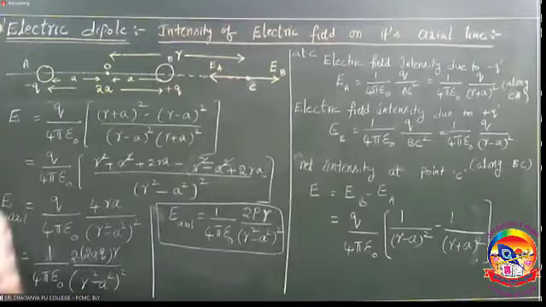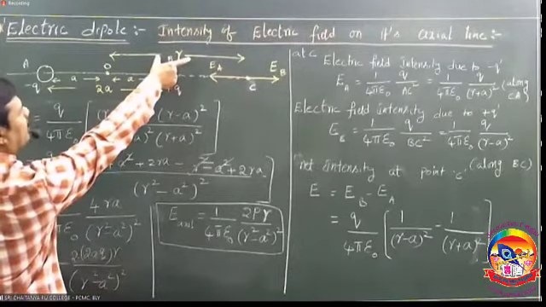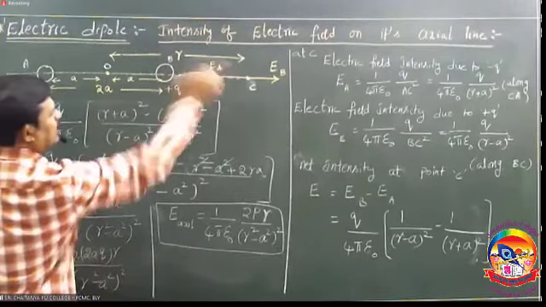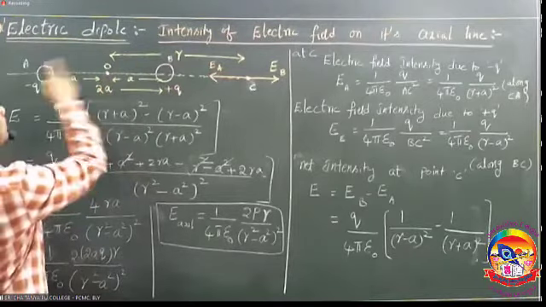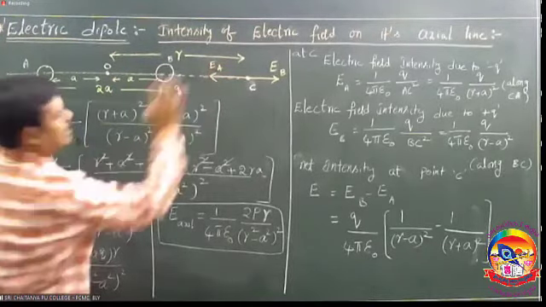In this, some special case. 2pr by r square minus a square whole square. Some doubts, somebody? This r should always be from the center, not from this charge. Always from the center of the dipole. So for this it is r plus a. For this the distance is r minus a.